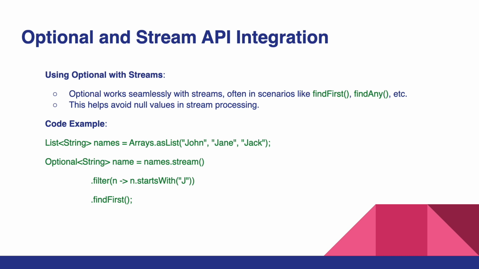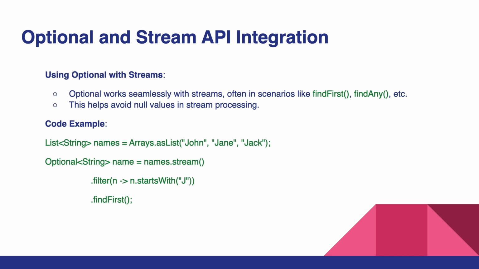Now let's look at the integration of Optional and the Stream API. Optional integrates beautifully with the Java Stream API. It provides a functional way to manage possibly empty results from stream operations such as findFirst and findAny.